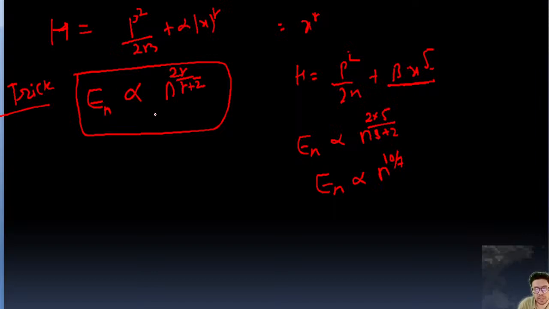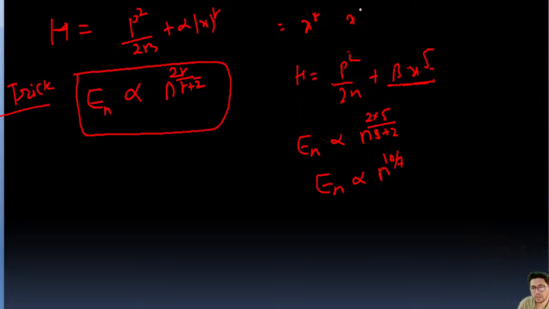Very important formula, guys, you need to memorize it and practice questions. You will get a 5 marks question, and you can solve that 5 marks question in less than 1 minute if you know this trick. So you understand, right?